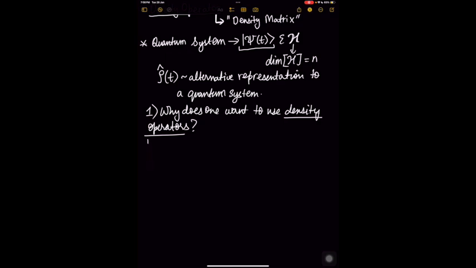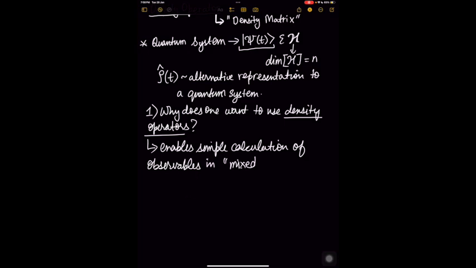The answer to that, as we shall see in this lecture, is that it enables simple calculation of observables in mixed quantum systems.